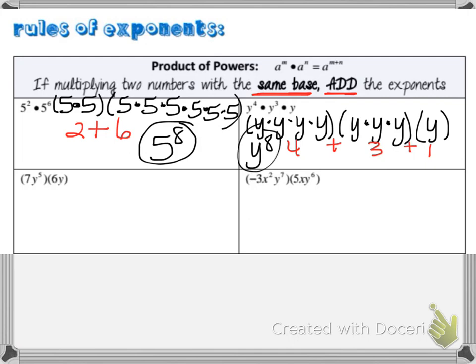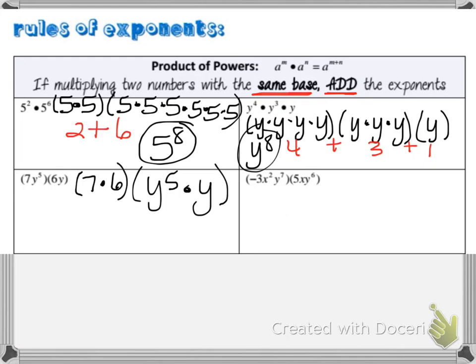Now, let's move down to 7y to the 5th times 6y. Commutative property, remember, says that we can multiply things in any order that we want and we'll still get the same answer. So you want to use the commutative property to separate the factors out. So for instance, we have 7 times 6, and then you have y to the 5th times y.